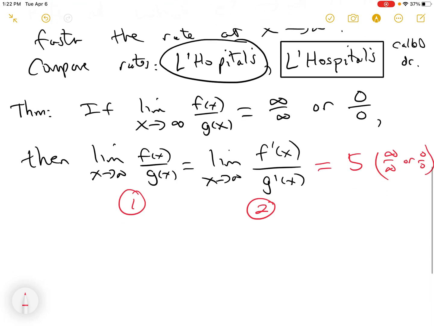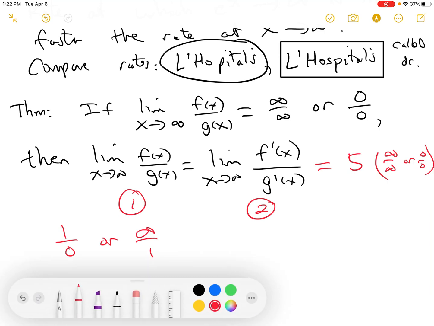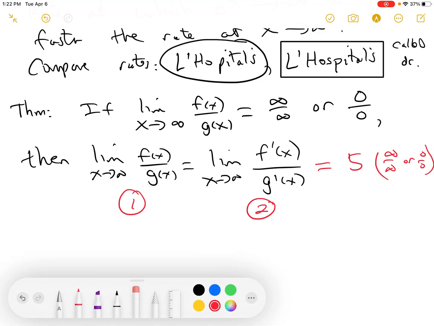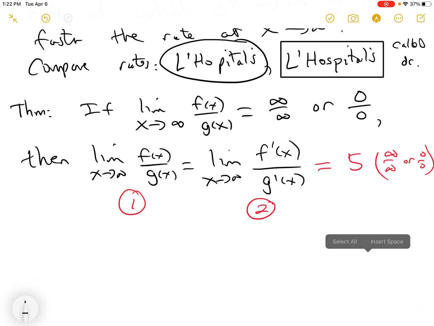And it could be that you get 1 over 0 or infinity over 1. These are just numbers. Both of them turn out to be infinity. But as long as you keep getting infinity over infinity or 0 over 0, then you keep using L'Hopital's rule. So here we go, here's the example again.